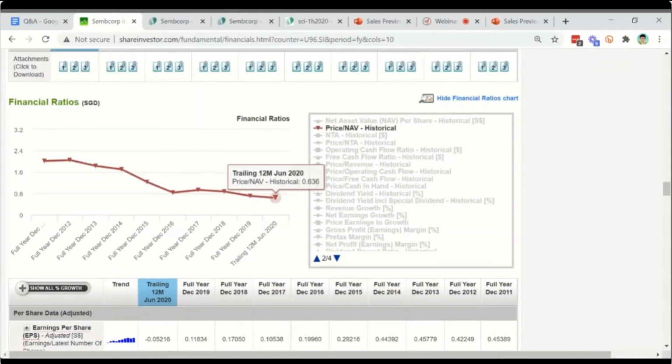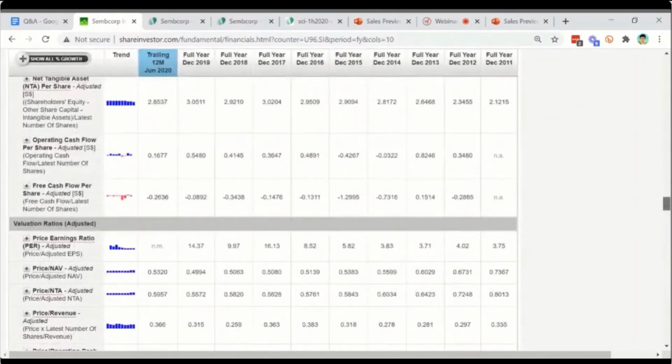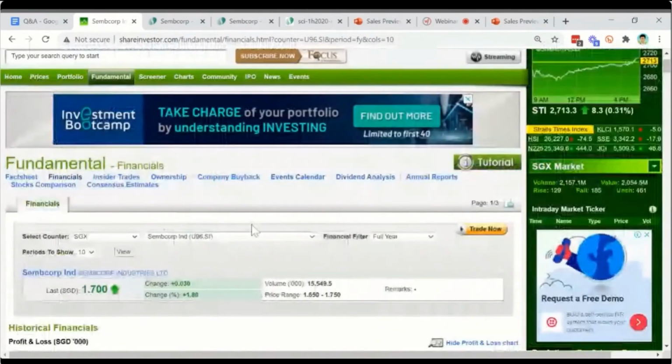So while the FA part cannot give a good picture of how Sembcorp Industries can perform in the future, you can look at the TA part or the growth prospects. With that, let me just hand over to Sing Fu, who will share the TA portion on whether Sembcorp Industries has more growth.